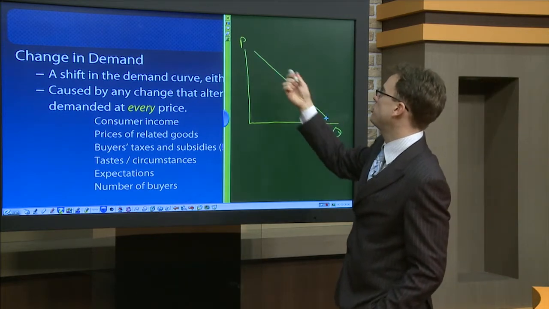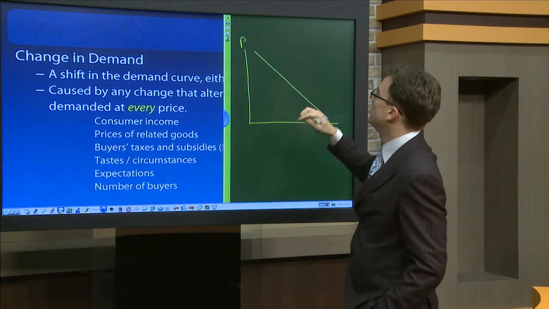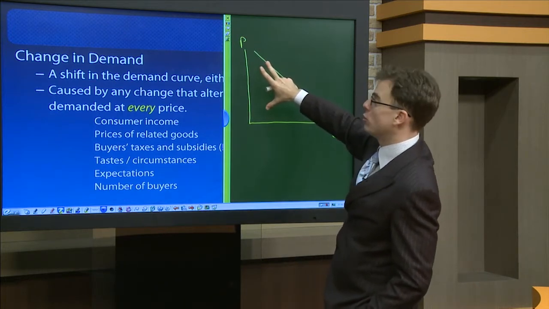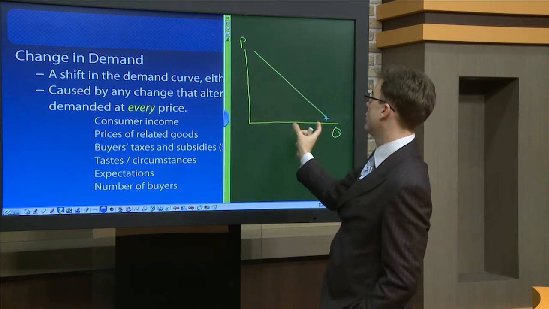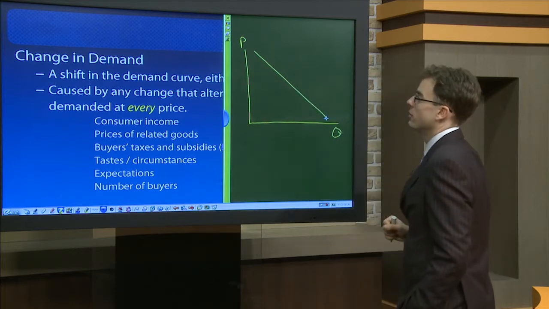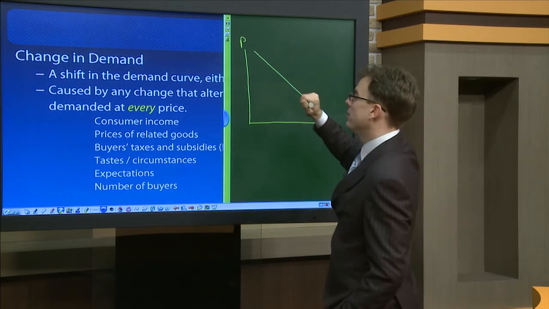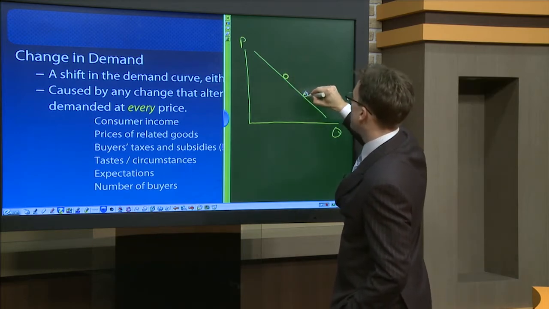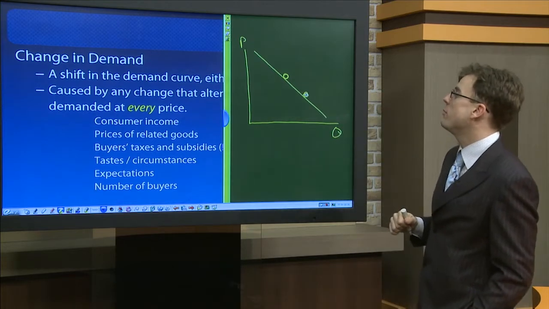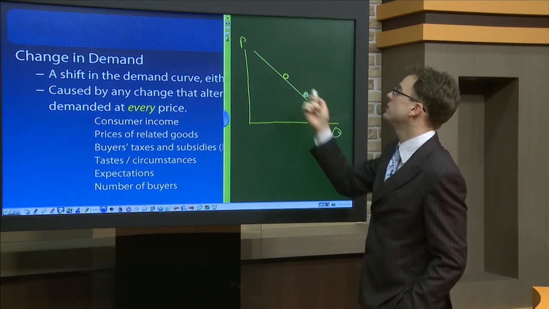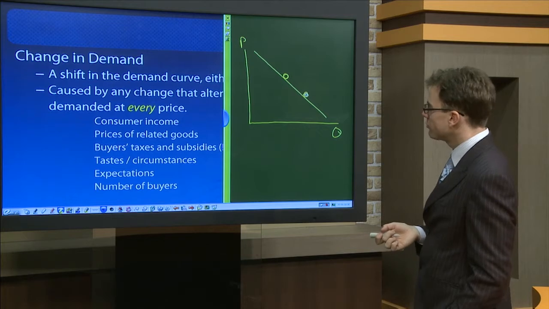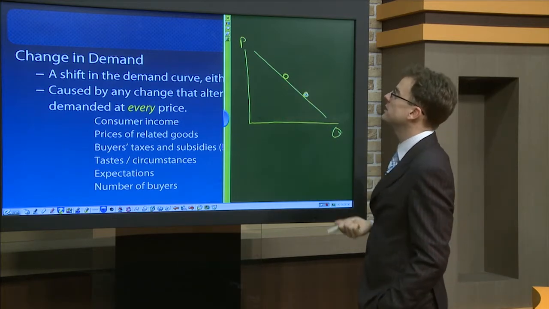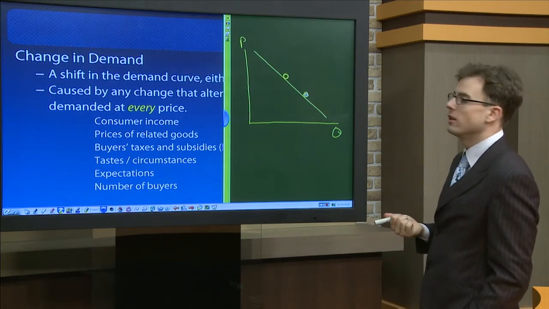And you should think that each point on the graph shows us the willingness and ability of consumers to pay for a particular quantity of the product. And if we discuss the change in quantity demanded between 2 points on the demand curve, we would say that the quantity demanded will increase if the price of the commodity decreases.